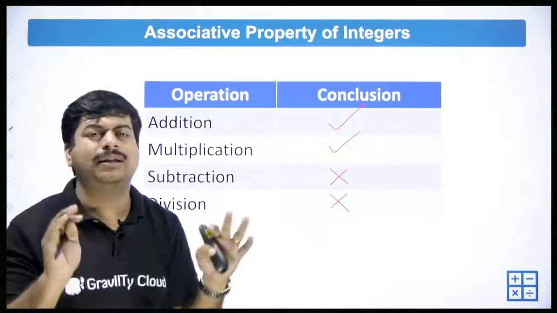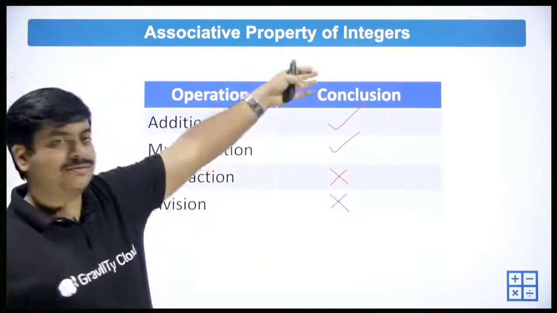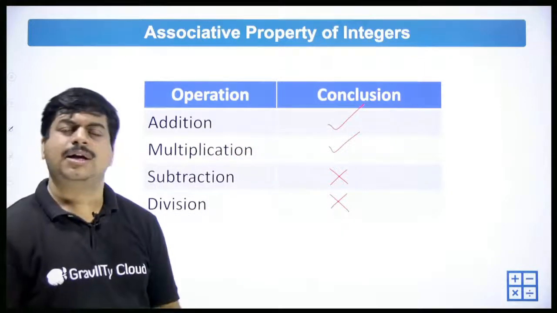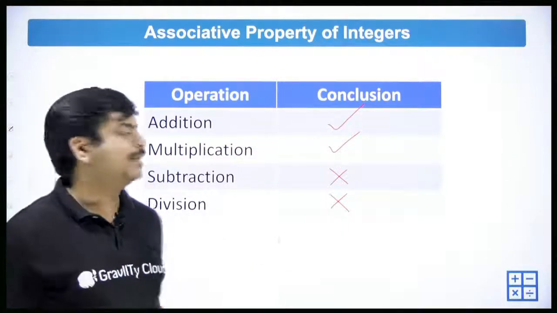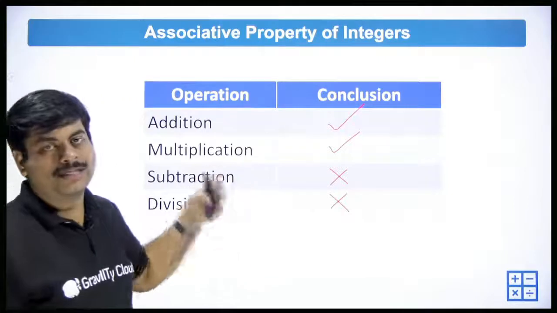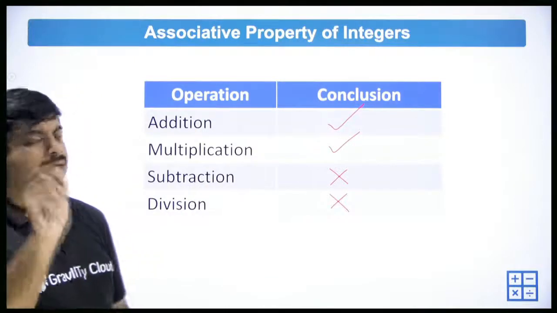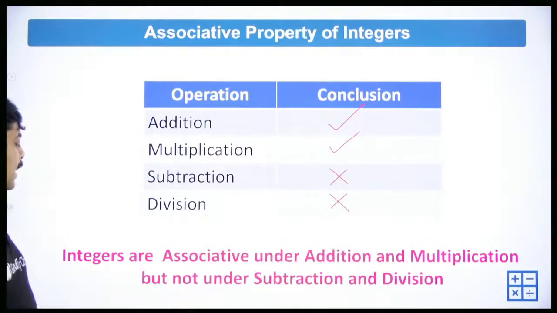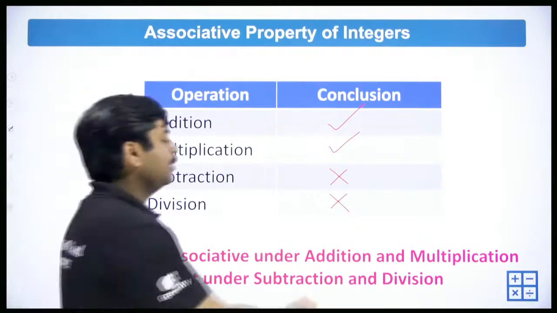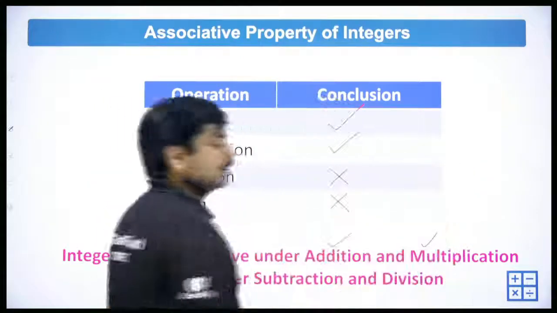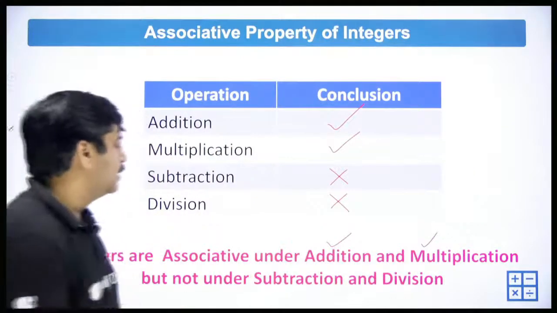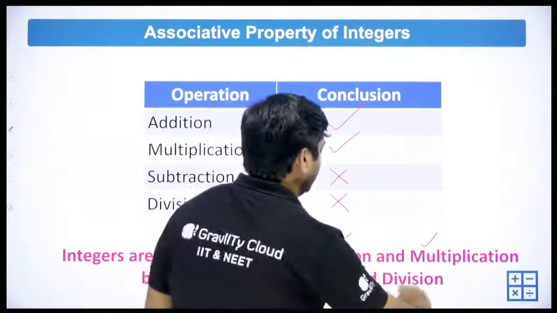So all these are things which will not be satisfied with integers, right? Not only with integers, with any numbers, these two will not satisfy the associative property. So let's move forward. Integers are associative under addition and multiplication, but not under subtraction and division.